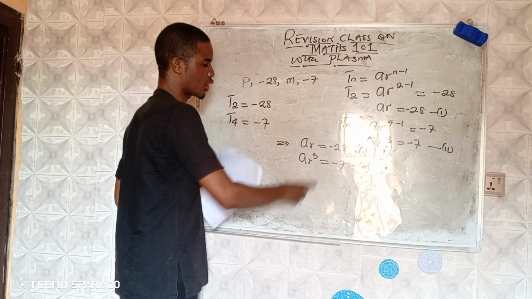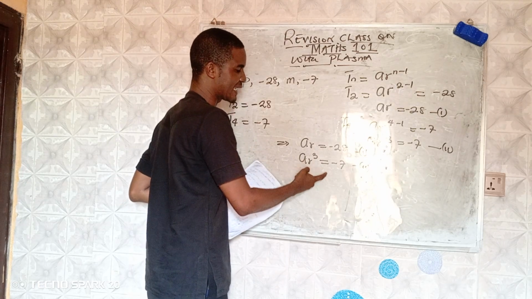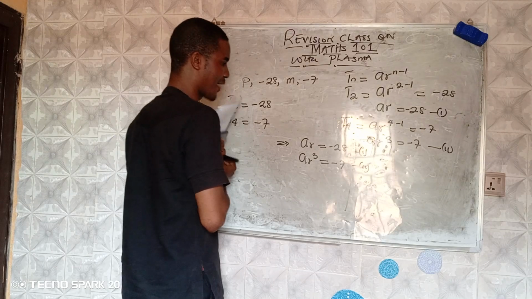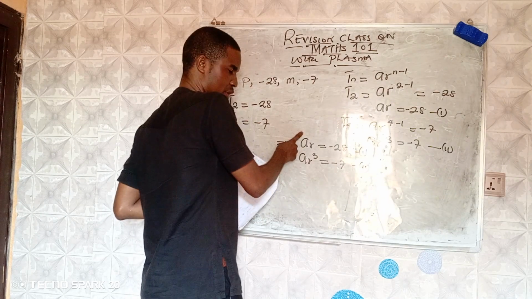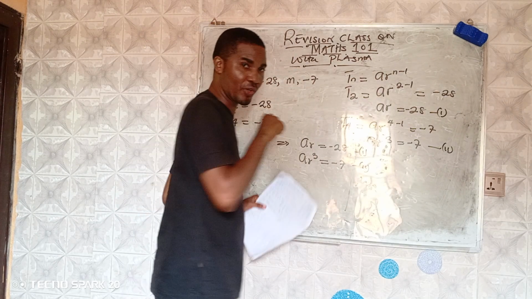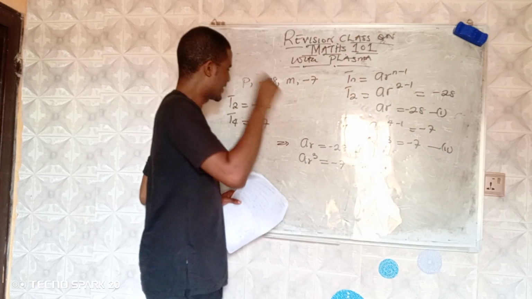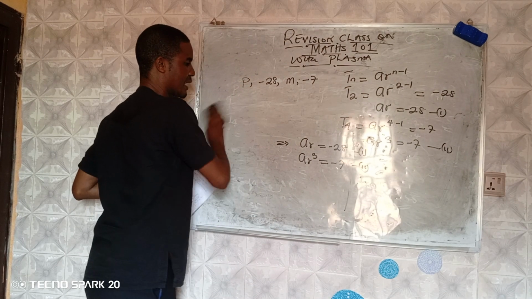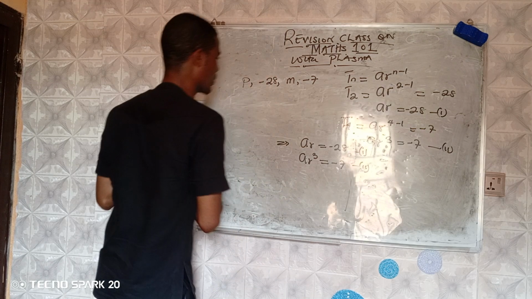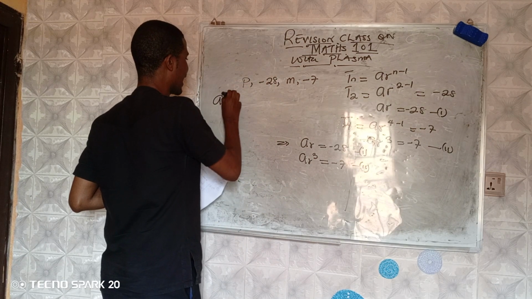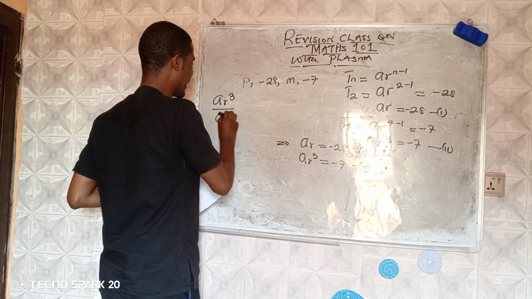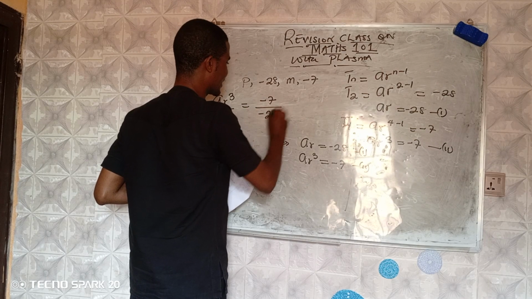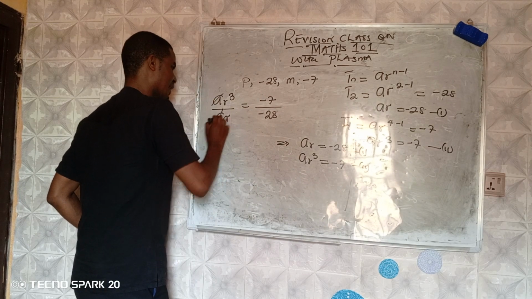So I will do equation 2 divided by equation 1. Because this is GP, you are not doing equation 2 minus equation 1. That is for AP. But for GP, you have equation 2 divided by equation 1. So I have ar³ over ar equals minus 7 over minus 28. a cancels a.